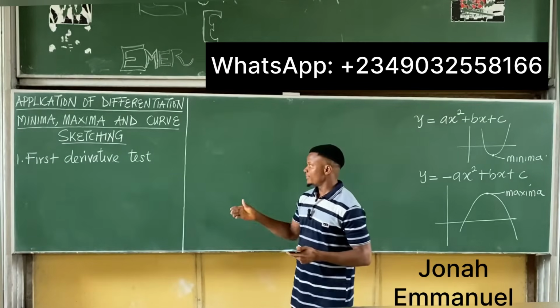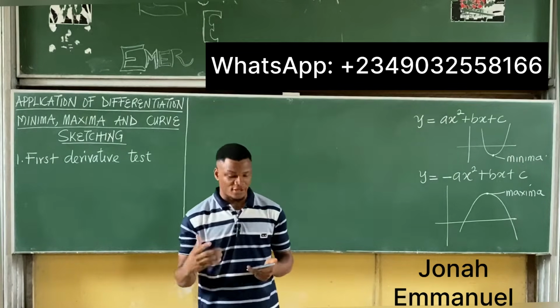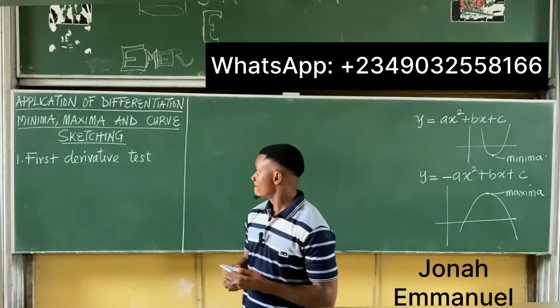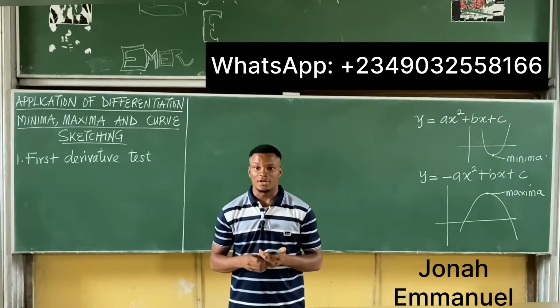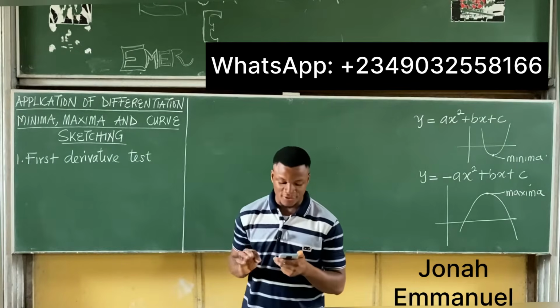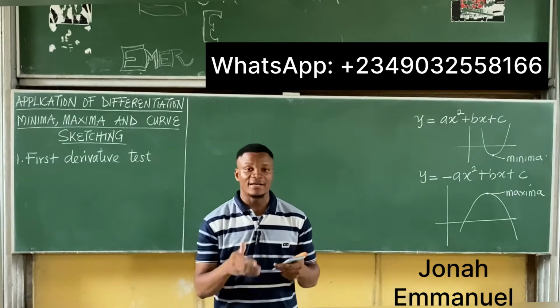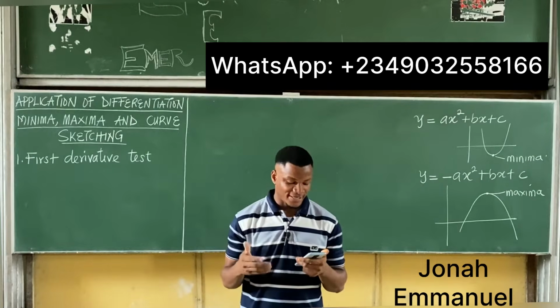All right, for first derivative test, please take note that a turning point will be called a maximum if the dy over dx is positive on the left hand side and negative on the right hand side.